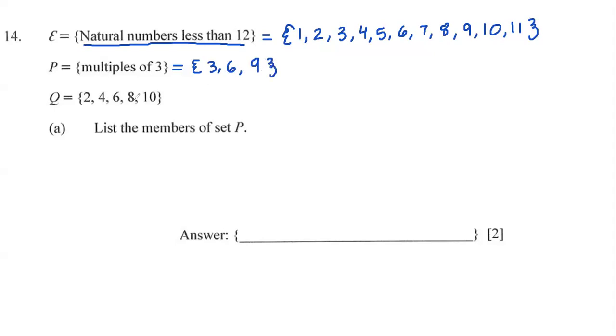Then we have Q. What is Q? Well, Q is explicitly listed, but if you had to describe Q, what is Q? Even numbers, or multiples of 2. You don't have to say less than 12, because if they're a part of this universal set, they're going to be less than 12.